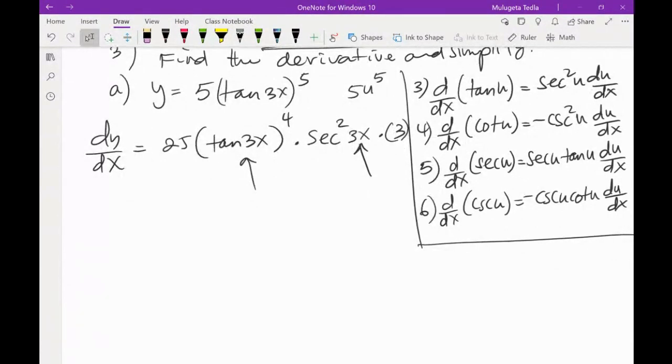Chain rule. So this is equal to, and they are all multiplication, I can bring out the 3 and the 25 to multiply, 75, and then tan to the 4 of 3x, I can write.